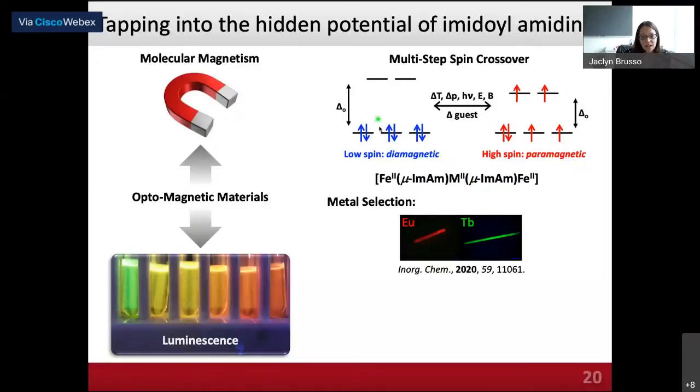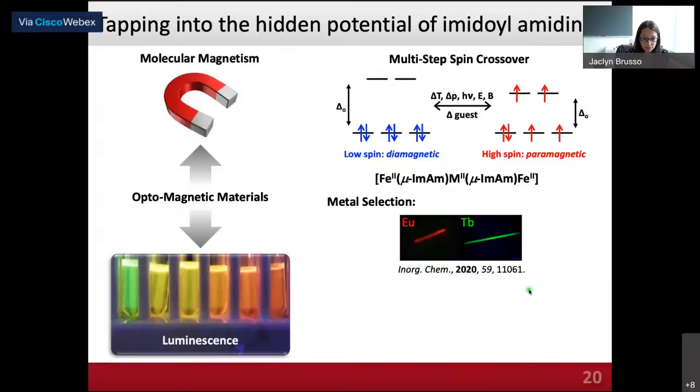This is an area of further exploration that we are aiming to pursue through an external stimuli. As well, we have seen some degree of luminescence depending on the metal, and so this taps into coordinating with lanthanides.